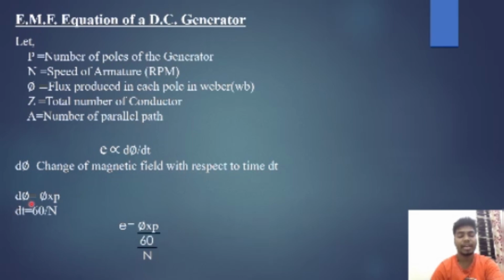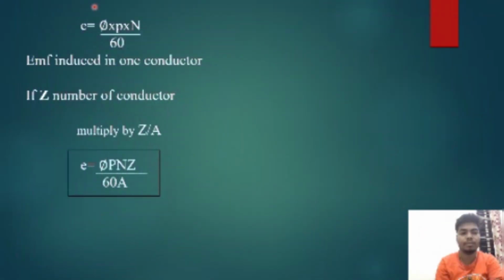Let us take a substitution: d phi is equal to phi into P, and dt is equal to 60 divided by N. Substituting in this equation, E is equal to phi P N divided by 60. This is the EMF induced in one conductor. For the EMF induced in Z number of conductors, multiplying by Z and dividing by A, the equation becomes E is equal to phi P Z N divided by 60A.